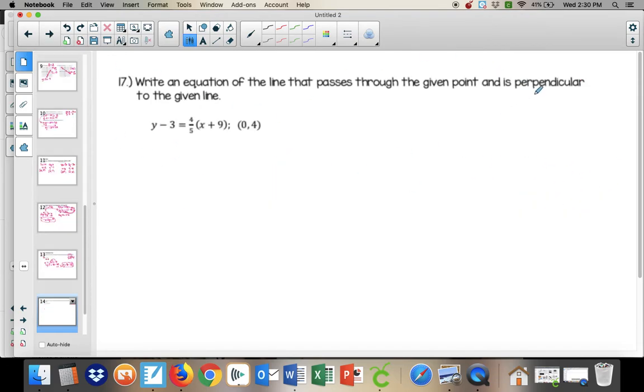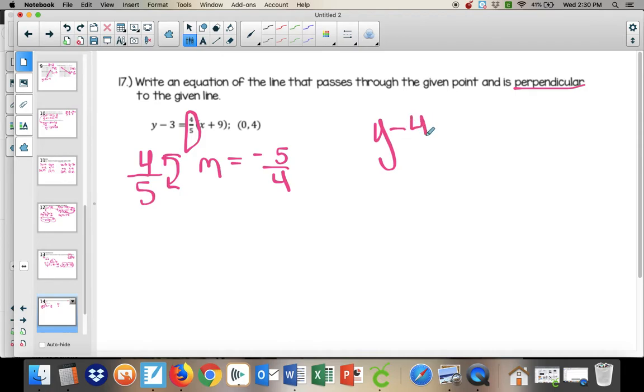Now we're going to do one though that is perpendicular. Well, my original slope is 4/5. When we have perpendicular slopes, we flip and make opposite. So the slope I am going to actually use is a negative 5/4. So I take my point 0, 4 and my slope. So y minus 4 is negative 5/4 of x minus 0.